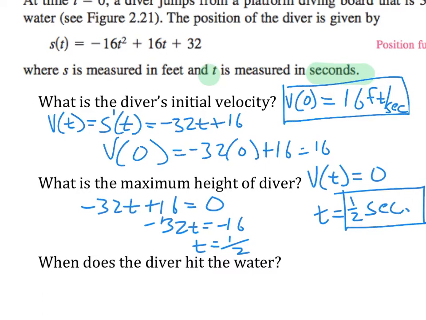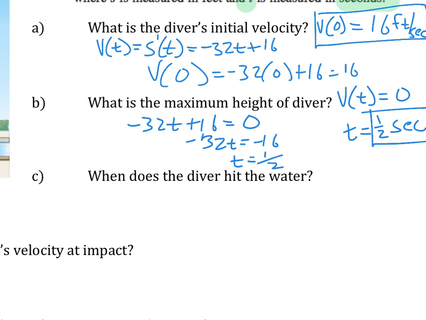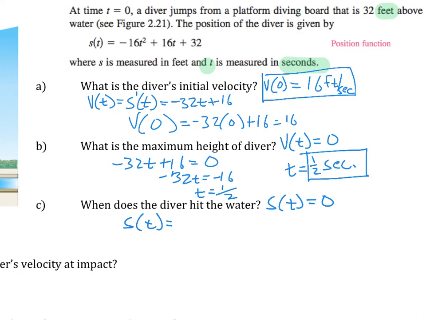Well, when does the diver hit the water? Well, the water is at 0 height, so that position will be 0. So that's a position question. We want s of t to be 0, a height of 0. So s of t is our original function here, negative 16t squared plus 16t plus 32. I'll make that equal to 0.